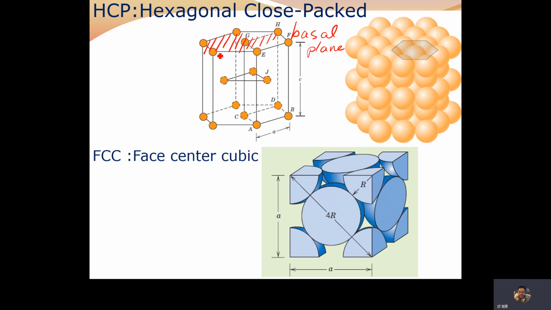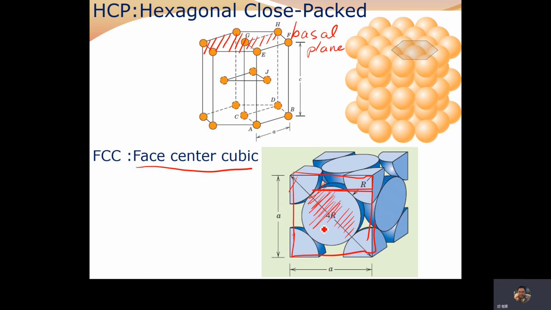And the third metal structure is called FCC, face center cubic. That means each face has an atom in its center, right? It's the face right here, and there's one atom in the center.